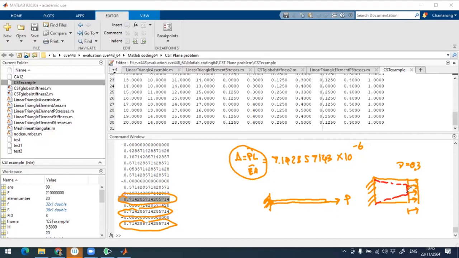So the exact solution cannot predict our result for this case if we just consider the problem like the line element. That's why the solution that we worked out is not close to the exact solution.